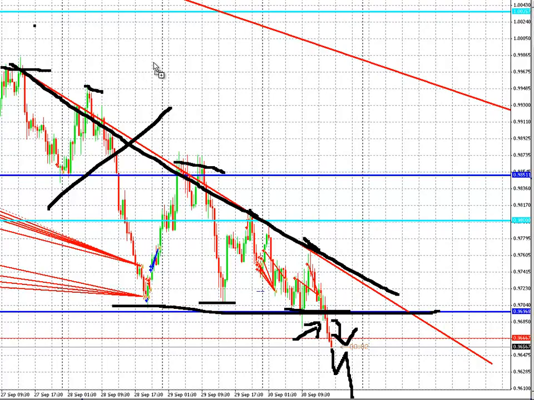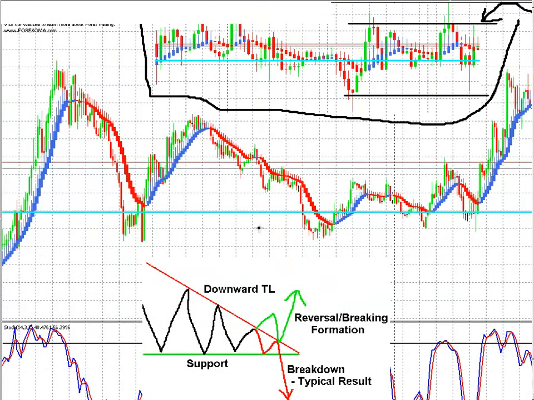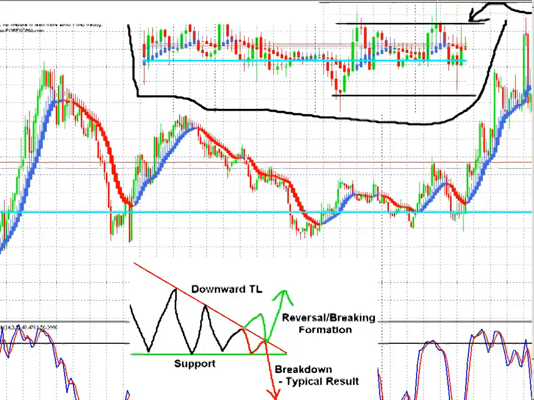For each pattern, I will show 2 examples. Whether or not they're the same examples or whether or not they're failed examples, you'll see. So this is Euro GBP, Euro Pound, on August 31st, this is the 5-minute chart. Again, descending.